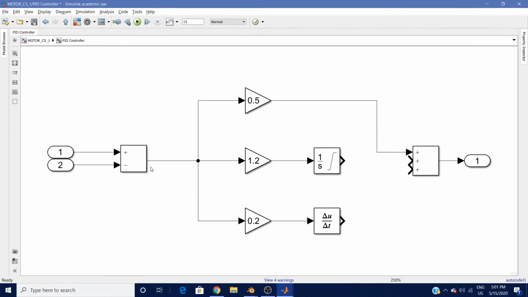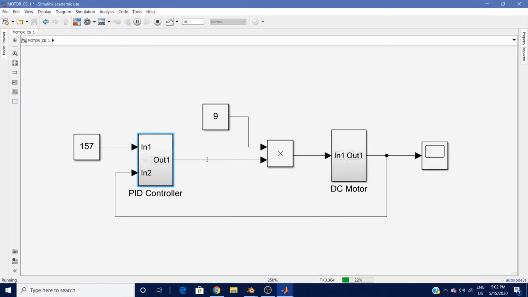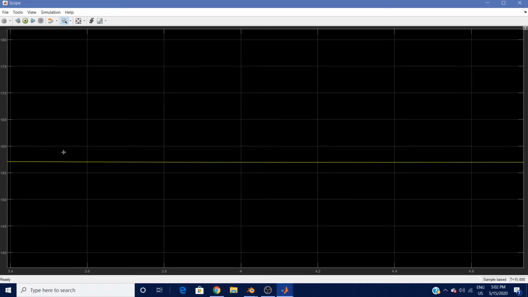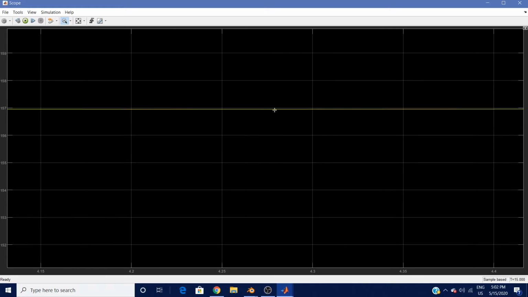So if we did add the PID, we showed you P, we showed you PI. If we add in the PID and we have the derivative part of the controller, it's a correction factor, so it should be multiplied. So once we have that and we actually look at the output, we can see that we can get it to exactly what speed we want, and we wanted it at 157.